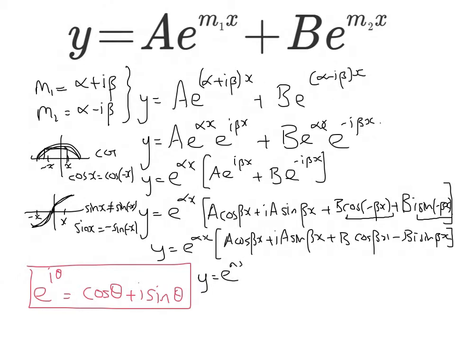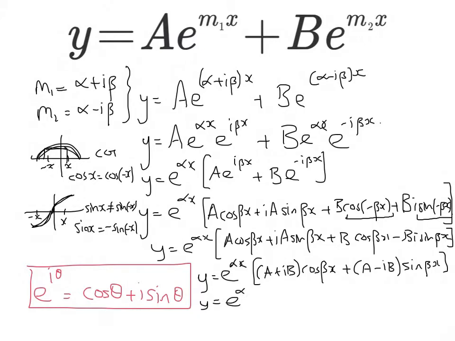So I've got e to the alpha x, and I've got a plus ib cos beta x, and I've got a minus ib sine beta x. But a plus ib and a minus ib are just numbers, just an amount of. It says any amount of cos beta x, so I can just use the letters a and b to represent that. A cos beta x plus b sine beta x.